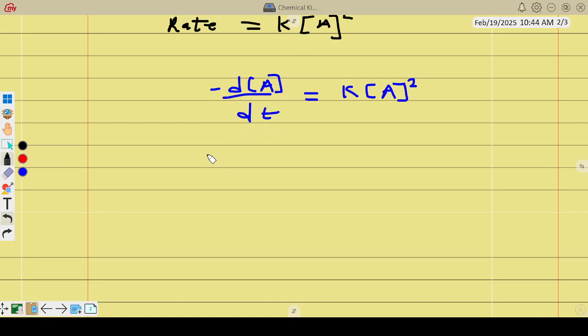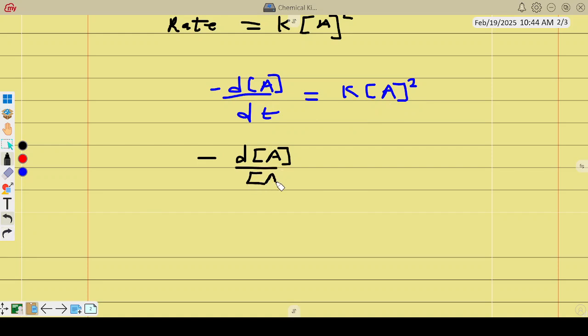We're going to have negative dA, the change in A. Now when we cross multiply, dt will go to the other side, and when we divide, this will come down there. Yeah, so I've done it real quick.